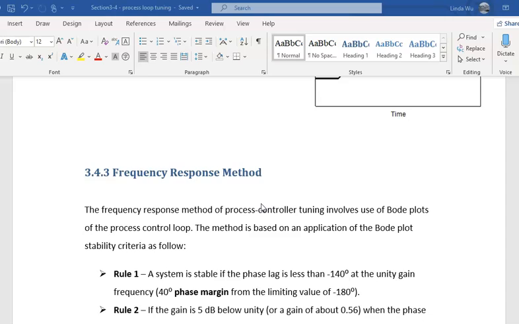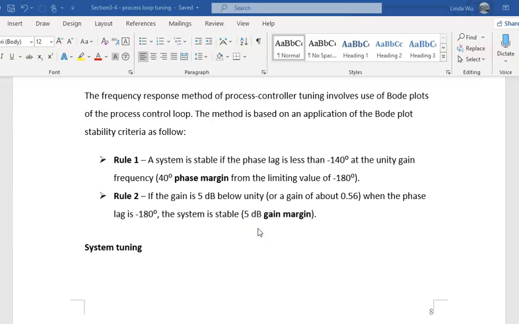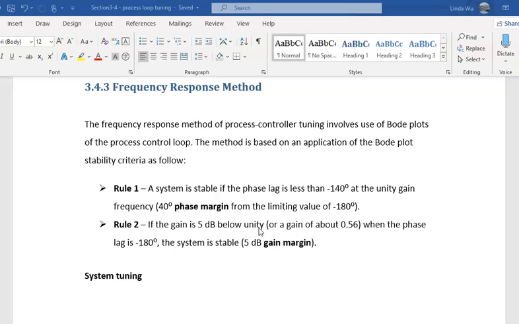And the last one is the frequency response method. Here we have another two rules. Remember we talked about the criteria of a control system. There are two rules, but here this is additional. Rule 1 is that the system is stable if the phase lag is less than -140 degrees at the unity gain frequency.